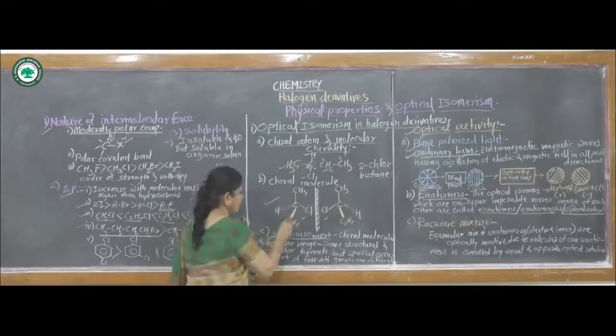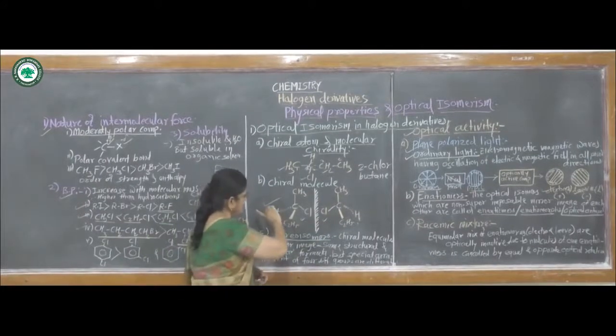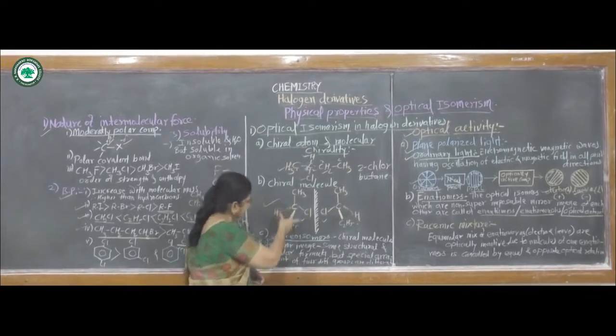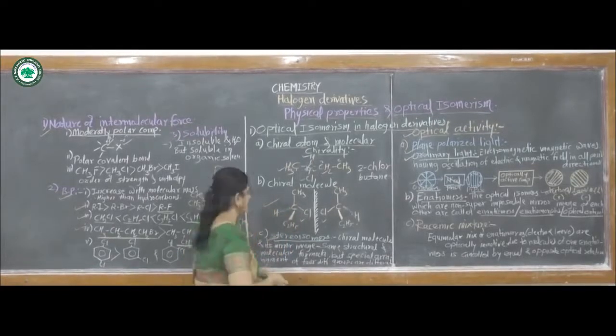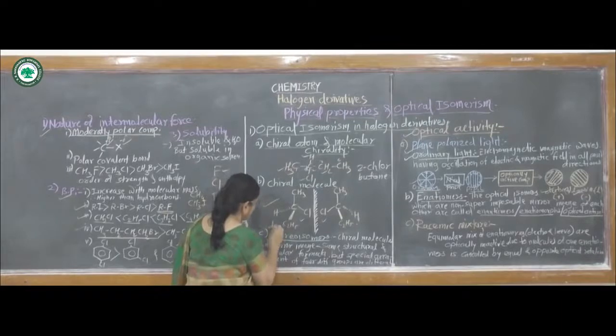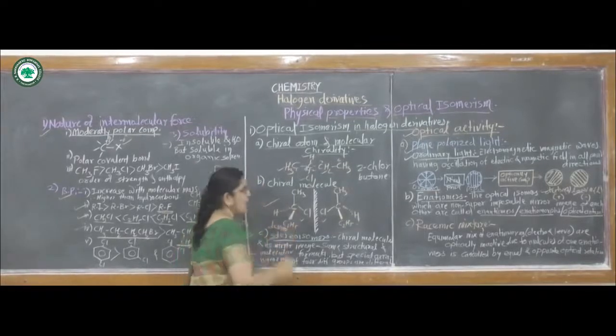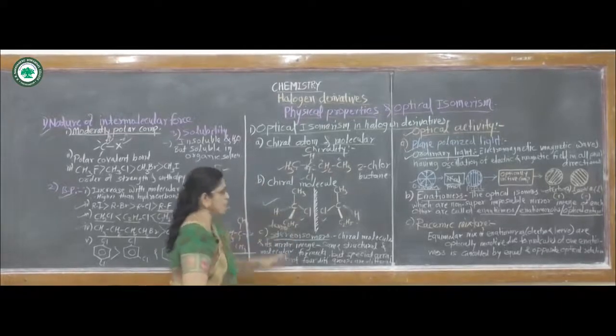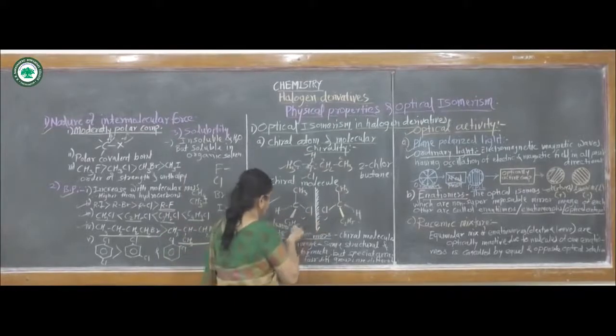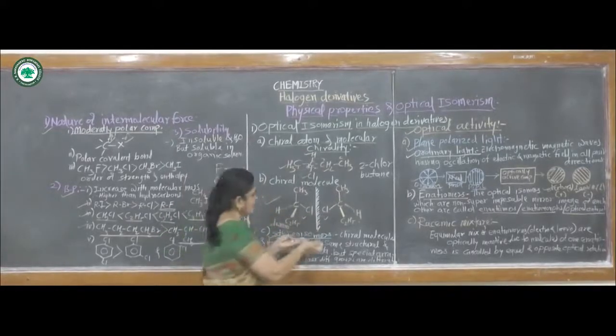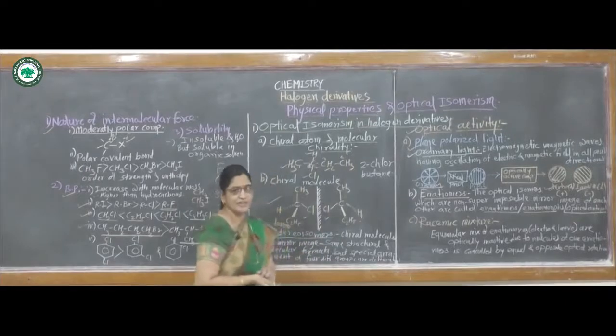If this molecule rotates towards the clockwise direction, towards the right hand side, it is called dextro-rotatory or D-2-chlorobutane. And if this is the dextro molecule, then the other molecule becomes the laevo-rotatory compound.